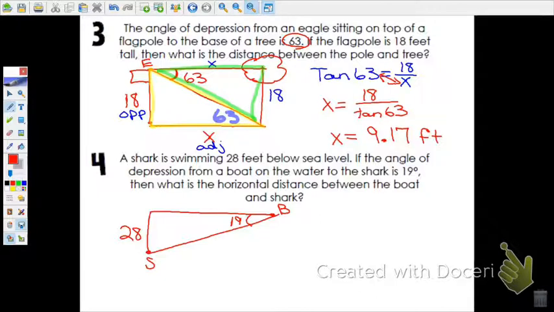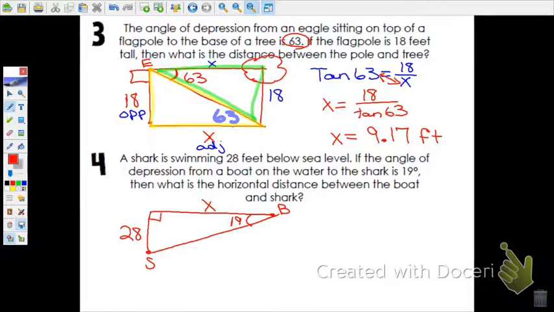We want the horizontal distance between the boat and the shark. So horizontal distance is that top. We will once again be using tangent. No, we won't, because that's the hypotenuse. Wait, no, I read it wrong, sorry.